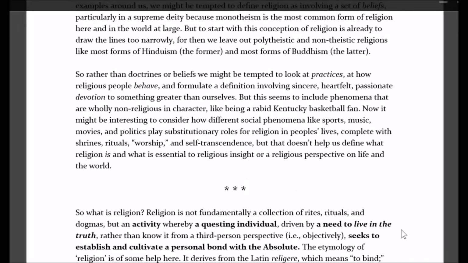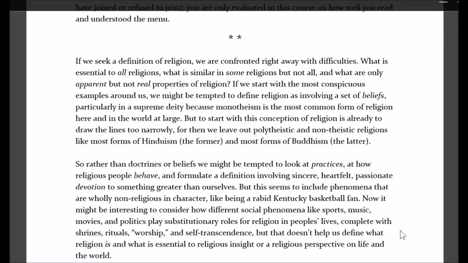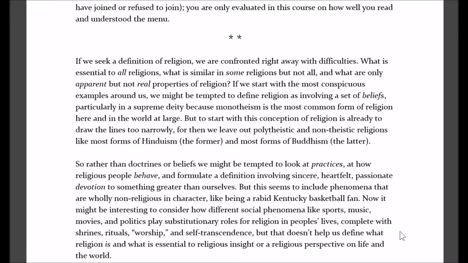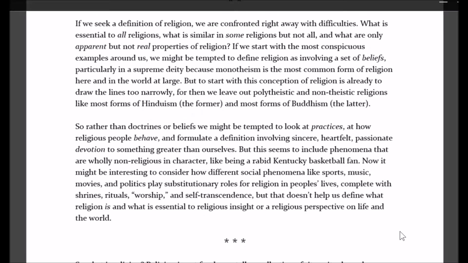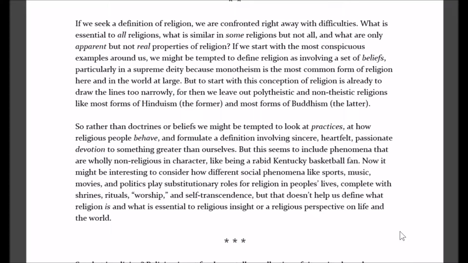Okay, I'm sorry, I skipped over this little part here, but it's actually something I talked about in the syllabus video also. One of the things that's difficult to do in talking about religion and identifying what is an essential part of religion and what is non-essential, is figuring out how to differentiate religion from other kinds of practices and behaviors that often seem religious in character.